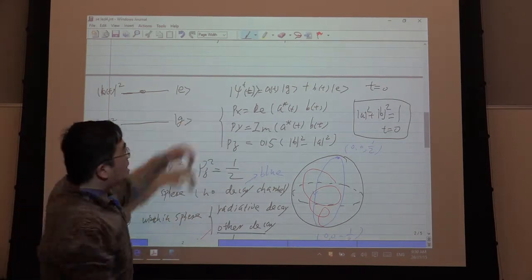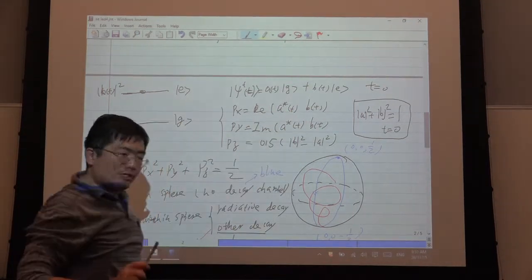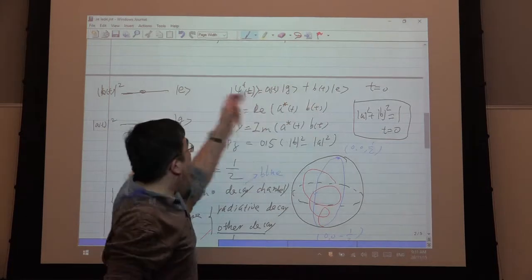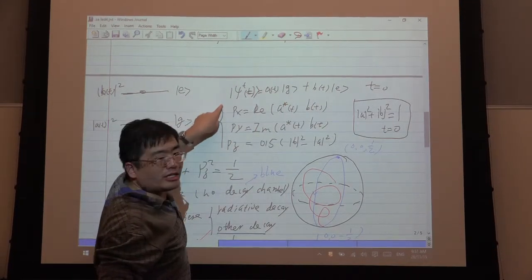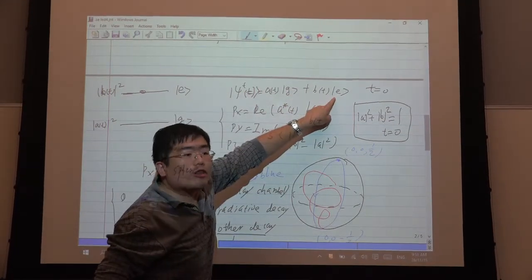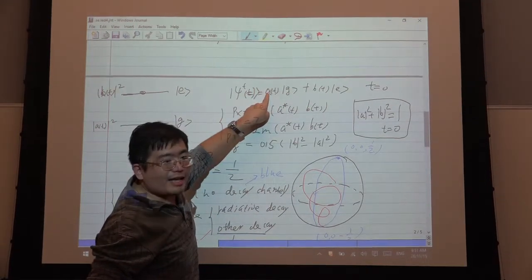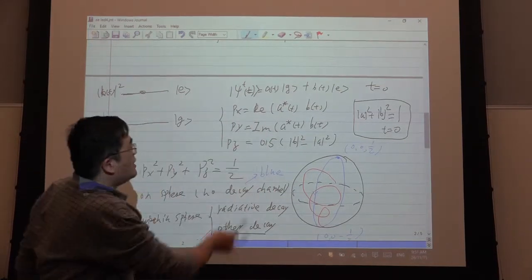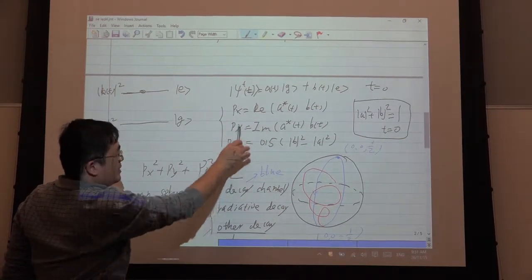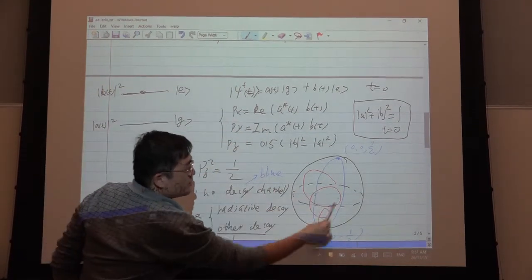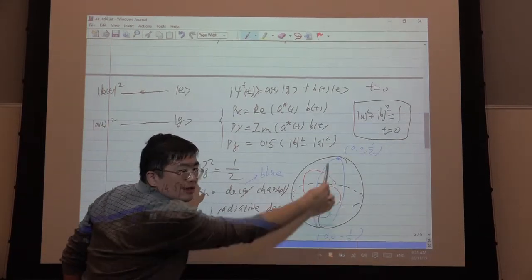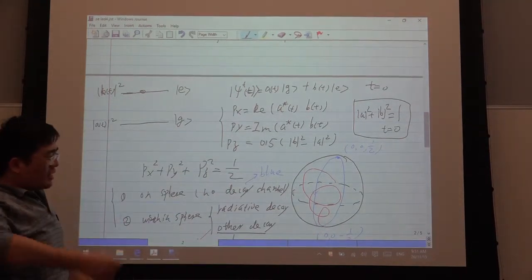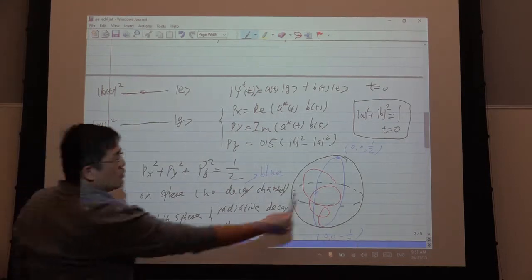Add them together, they satisfy this equation initially. But now at every step we can solve A and B, because they are orthogonal. I test with phi G, which gives 0 because of orthogonality, so I can get A. I test with phi E, I can get B. So I solve this and can get Px, Py, Pz. I draw this time motion, like a blue curve.